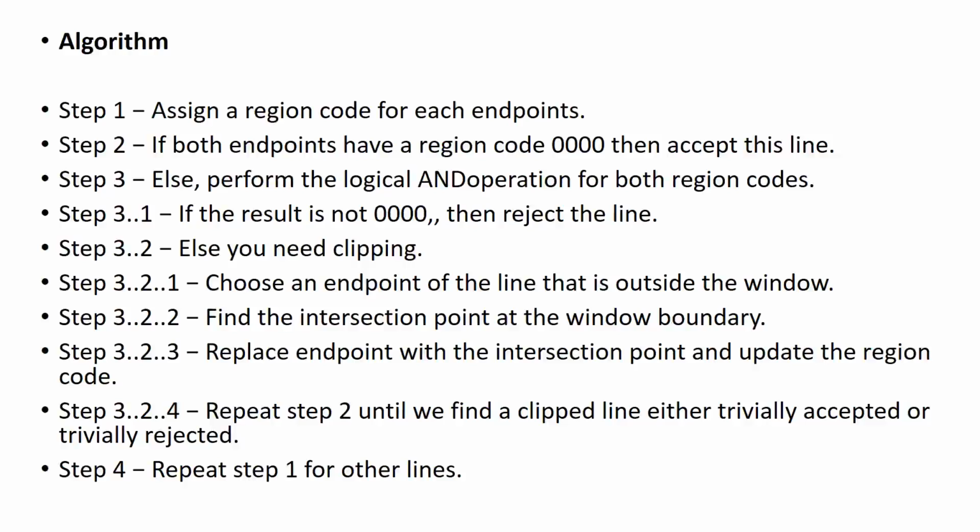The next step is to repeat step 2, finding the region codes, until the clipped line is either trivially accepted or trivially rejected, which means we repeat until we find the line completely within the window boundary or outside the window boundary.